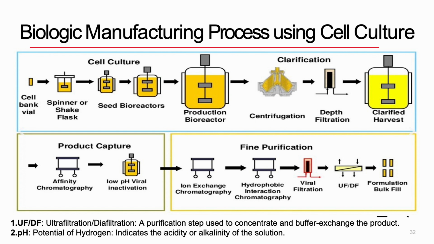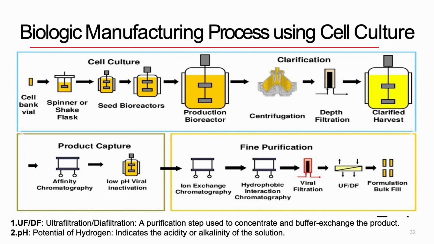So what we do is go over the product capture, where you can see on the left bottom side of the slide that we can use different techniques. This one is affinity chromatography, for example. And then we can also go through the spinners again, but this time we are going to change the pH depending on the product that we are using.